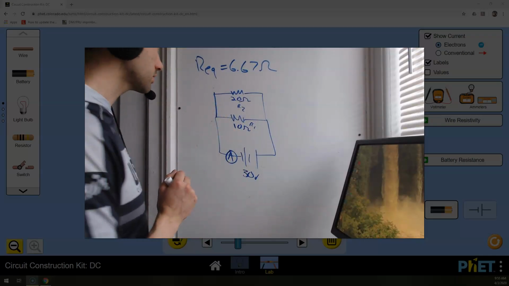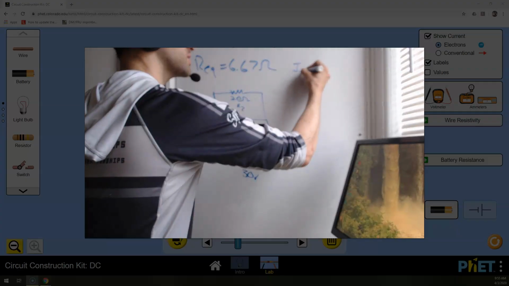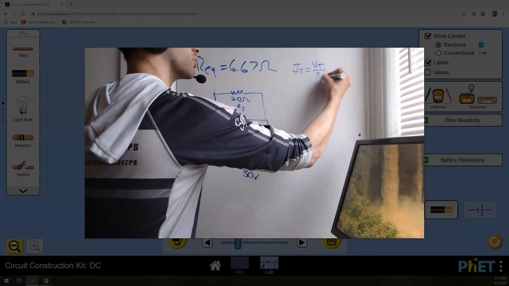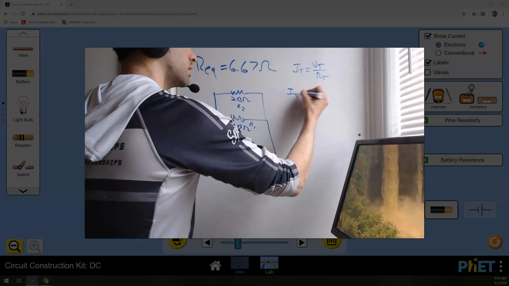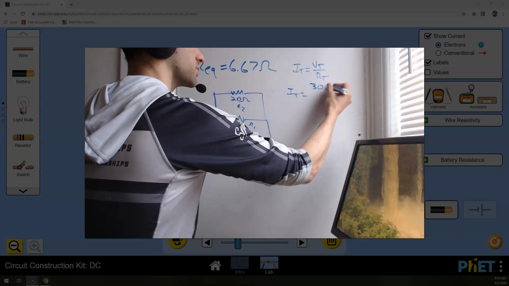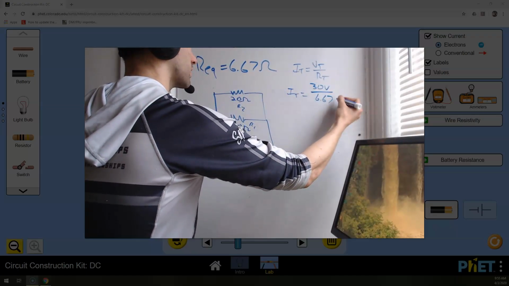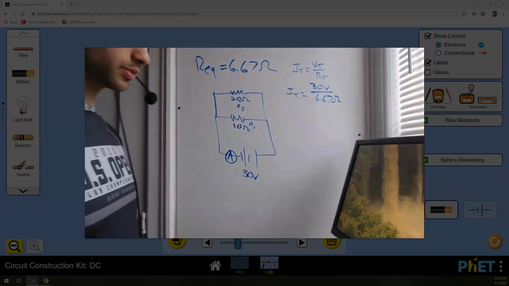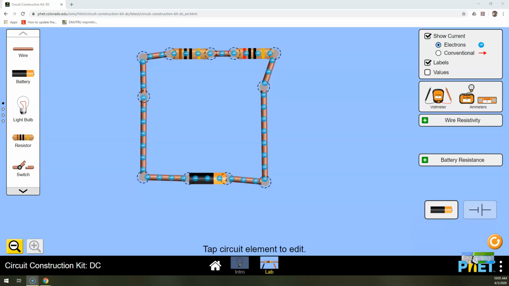We'll see a different way we can do this. I total will be V total over R total. I total will be 30 volts over 6.67 ohms. And what did we determine that was? 4.5 amps, okay.